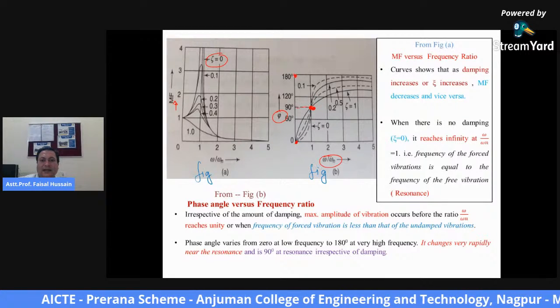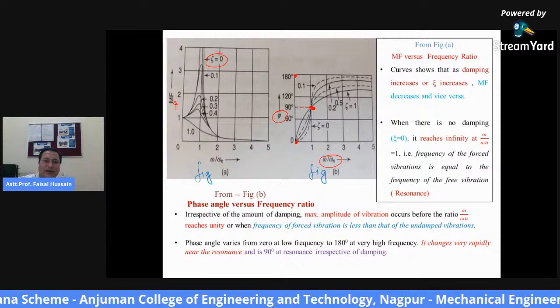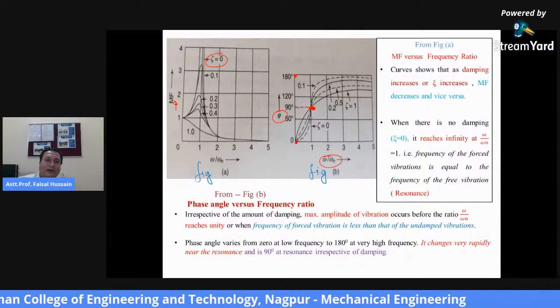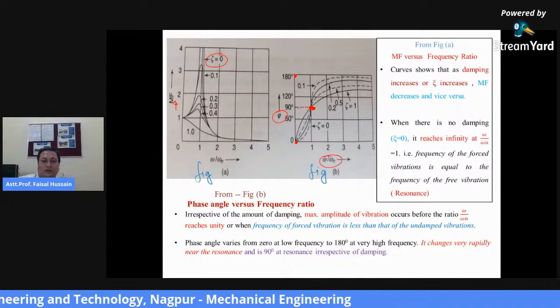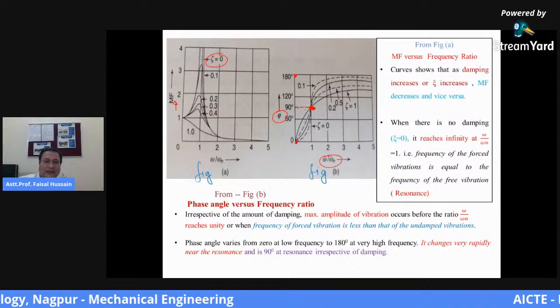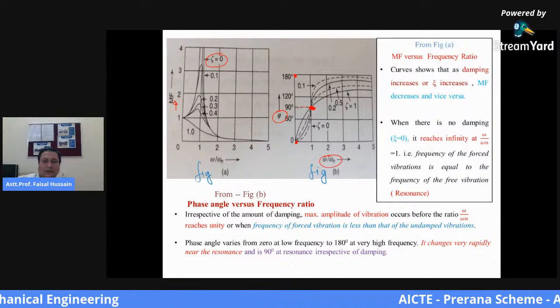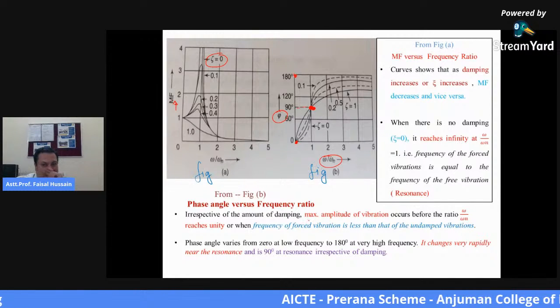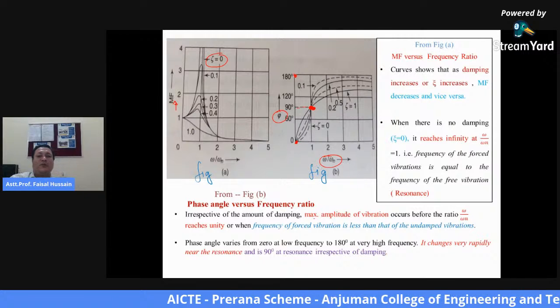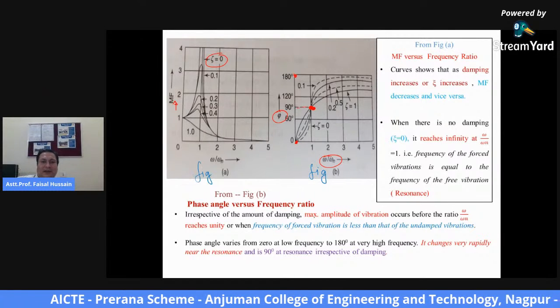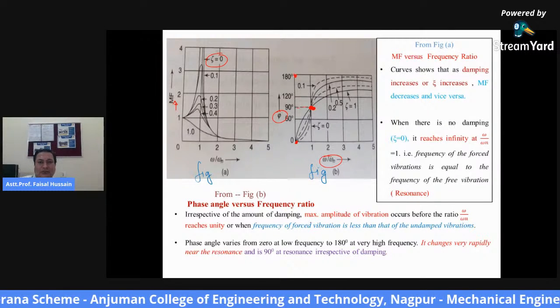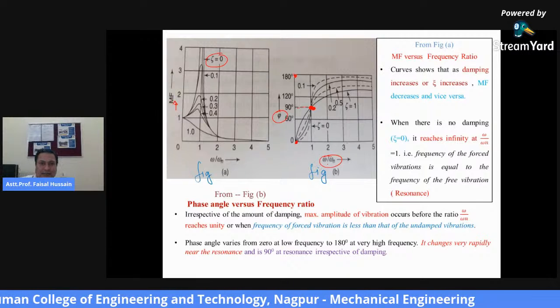It is at 90 degree. At 90 degree, irrespective of damping, there will be a resonance. Also, we can see that irrespective of the amount of damping, maximum amplitude of vibration occurs when the frequency ratio reaches unity. See, this is unity.